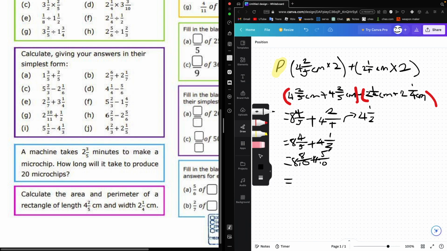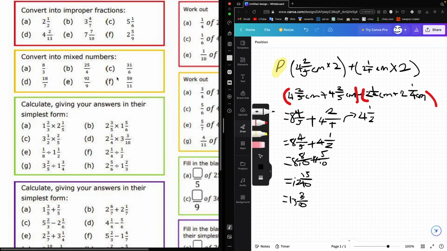Which equals 8 plus 4 first, so 12. 13 over 10. It's improper, so add one whole number. 13 divided by 10 is 1 plus 3 over 10. So that's the answer for the last box of section A.